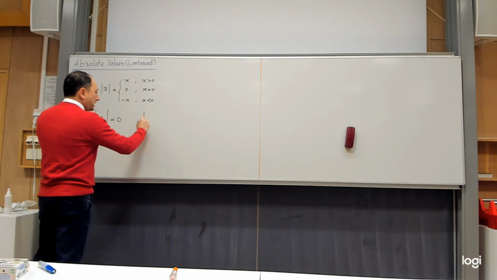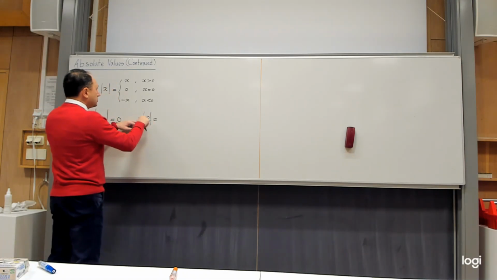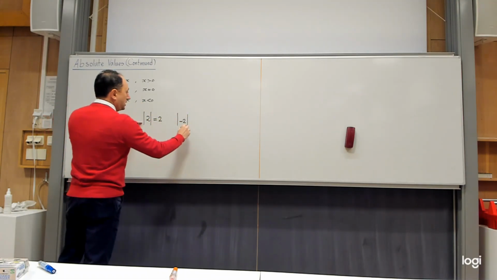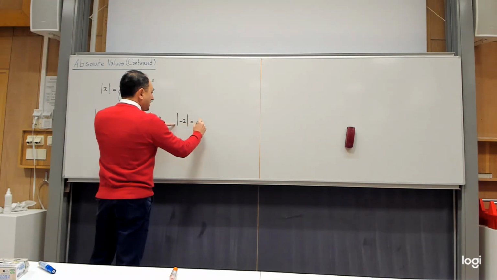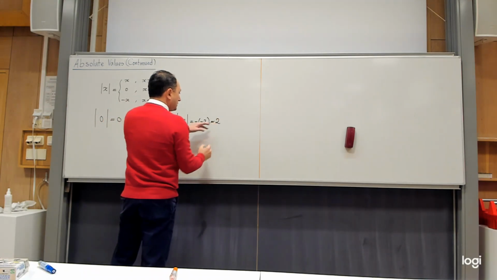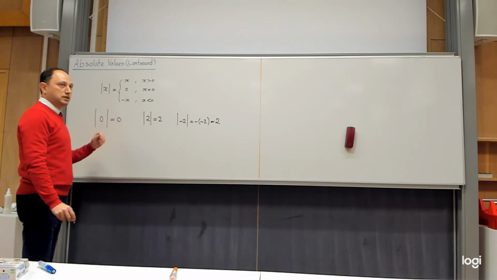For example, what is the absolute value of 2? Because 2 is positive, I just write 2. But what is the absolute value of minus 2? Because it is negative, I have to apply a minus myself, but again the output becomes positive. So the output is either positive or 0, yes?